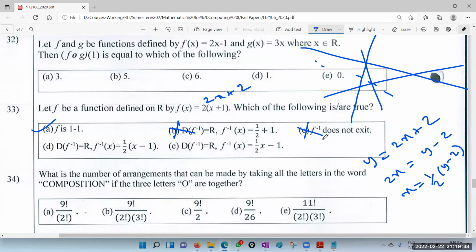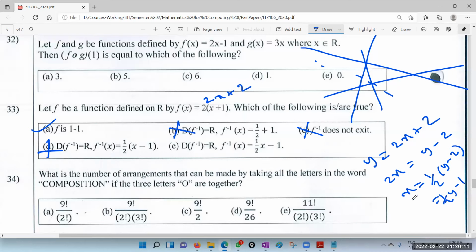Domain of f inverse is R, correct? And f inverse is half times x minus 1. No, not x minus 1. Half times x minus 2, right? Because y equal to 2x plus 2 means 2x is y minus 2. Yes, this is wrong. Then domain of f inverse is R, correct? f inverse is half x minus, yes, this is half y minus 1.